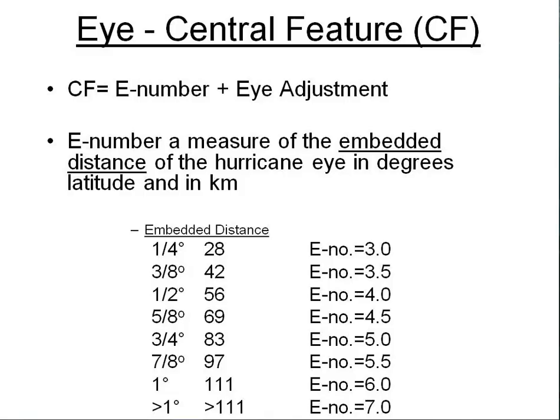Here are the eye number assignments given the embedded distance. Note that this measurement is similar to what was done for the CDO diameter, but now it applies to embedded distance instead and gives you the E number.